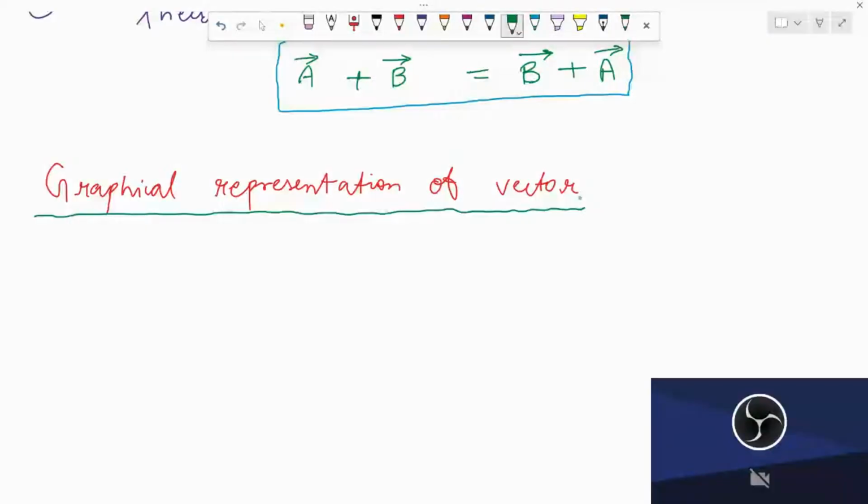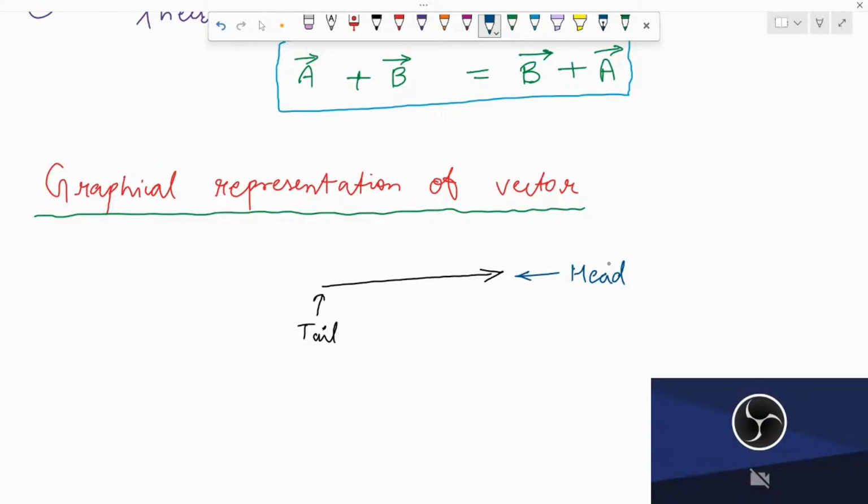It can be represented with the help of an arrow, which will contain a head and a tail. In order to indicate a vector, we'll make an arrow, and this will be the tail part, and this will be the head.